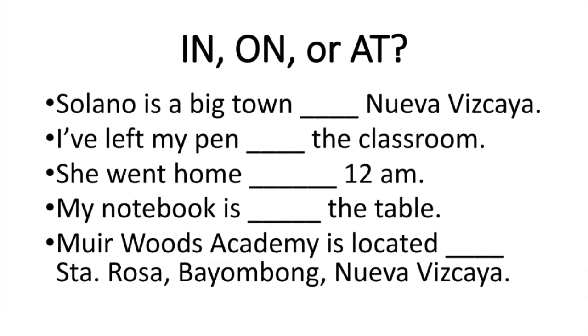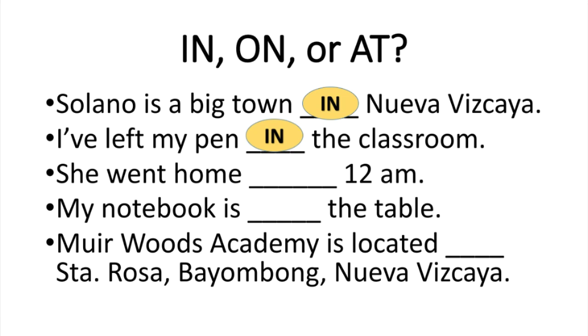Okay, so let's see if your answers are correct. Solano is a big town in Nueva Vizcaya. So you are referring to a province which is the Nueva Vizcaya. I've left my pen in the classroom because classroom is an enclosed space.